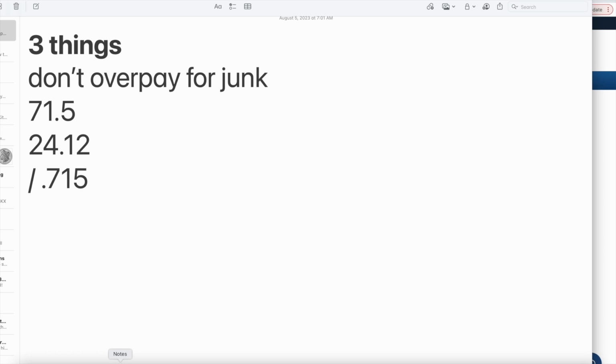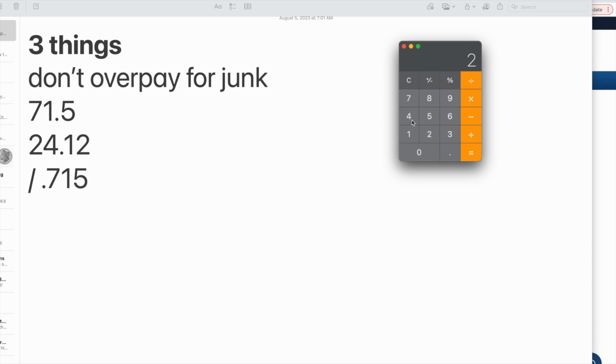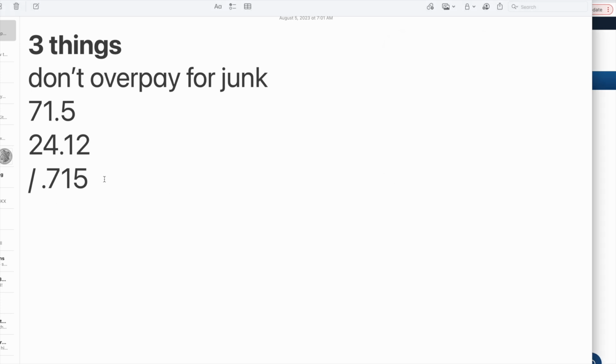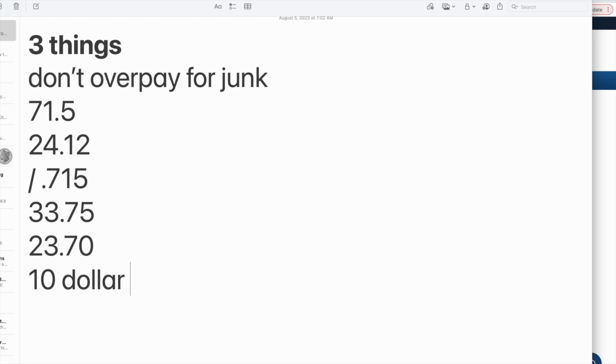Just keep that 0.715 in your head, and then we'll do the math here. 24.12 divided by 0.715 equals 33.75. 33.75 minus the spot price of silver, which is about 23.70, and you can see we've got a $10 premium on junk. Okay, don't do that.